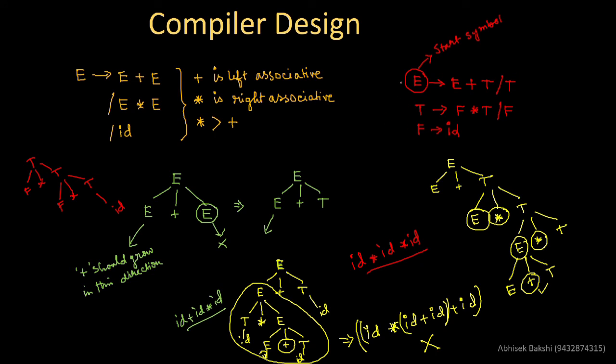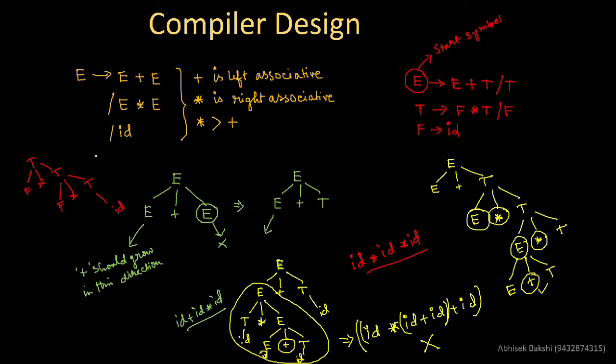Now if we apply this, ultimately what we have seen is that we are generating the same strings with this grammar and this grammar. So the language remains the same, right? What is the difference?